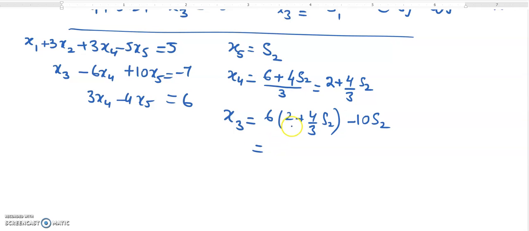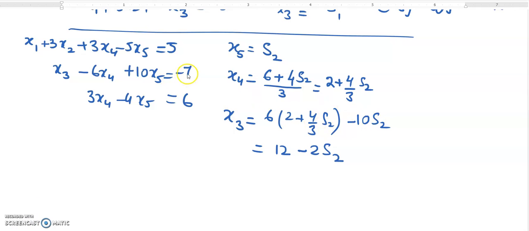Let me simplify it. 6 times 2 is 12, and then plus 8s2, and then minus 10s2. So it will be minus 2s2. So 12 minus 2s2 will be the value of x3.